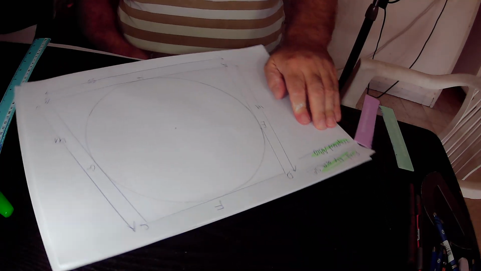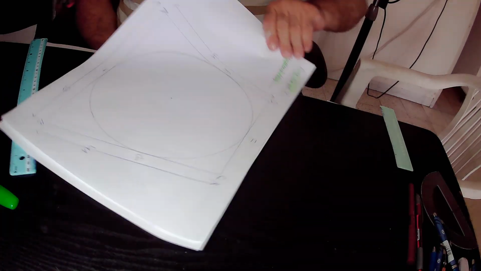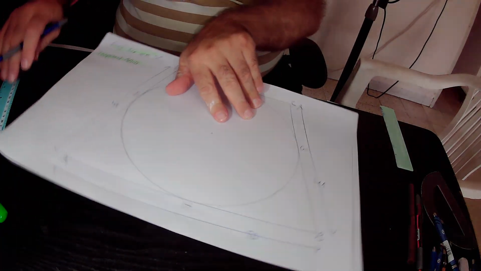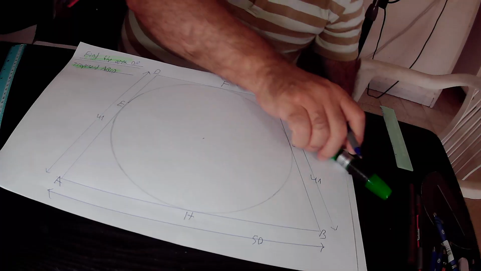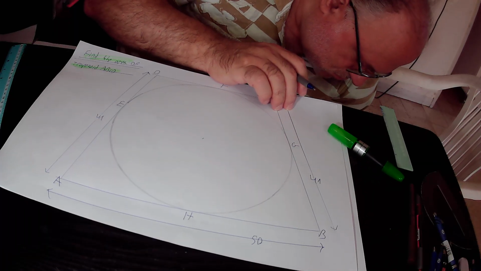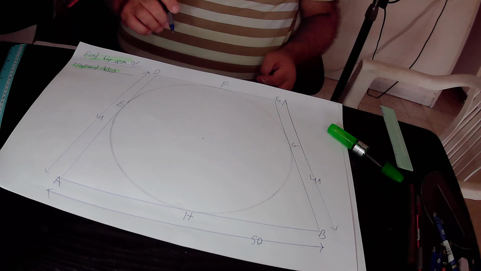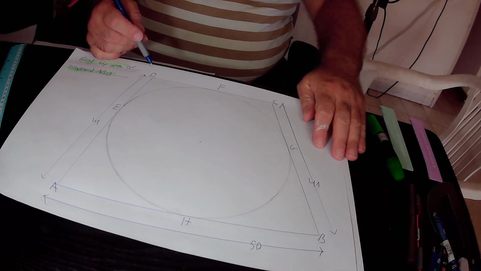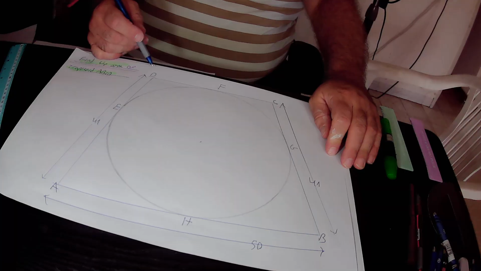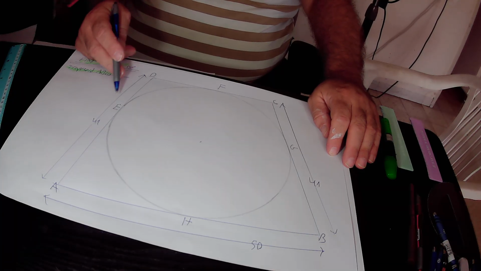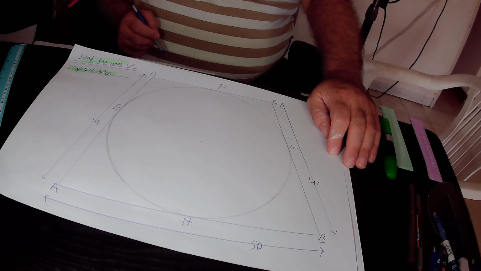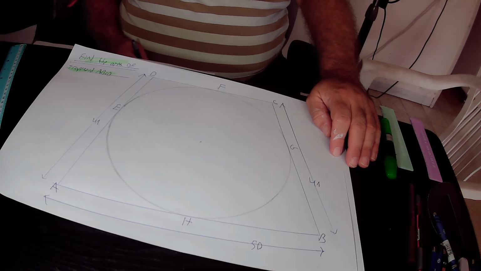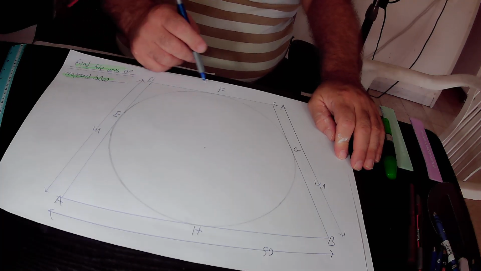So we focus on this common external point, point D. From point D, we have two tangents to this circle, tangent DE and tangent DF, and according to rule 2, they are equal to each other. That is to say, DE equals DF.